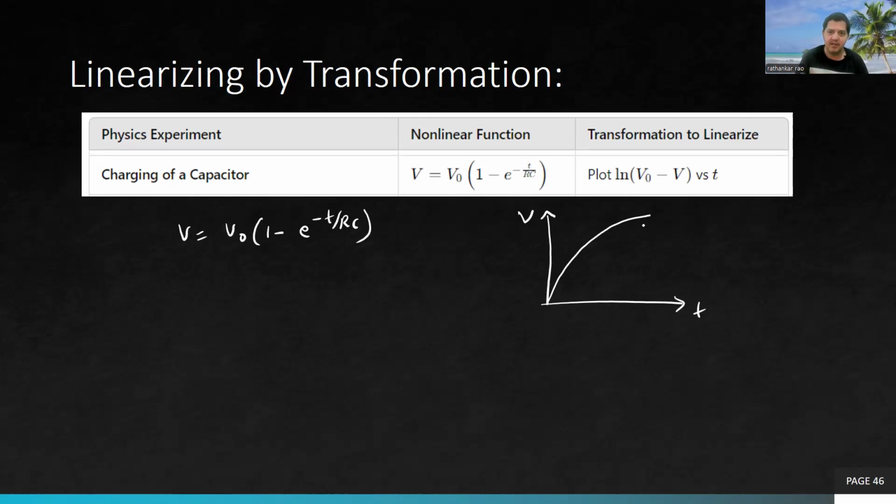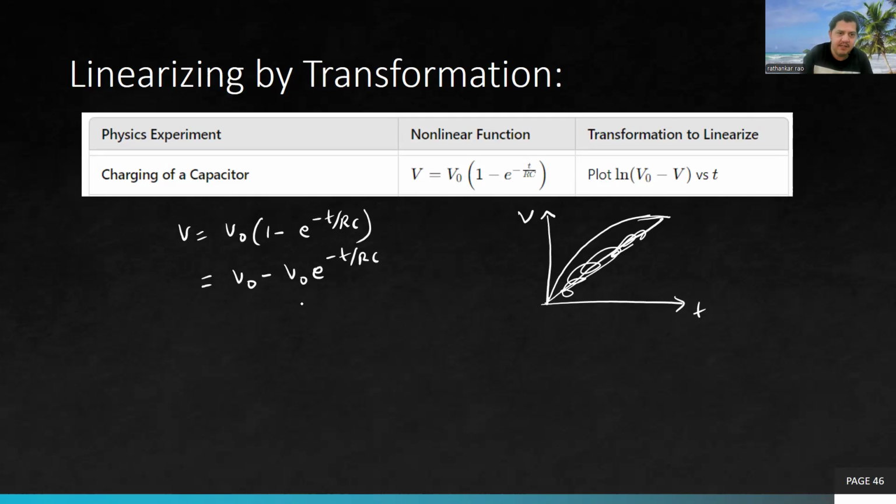That's the question here. Okay, don't say I will take up this point, I will take up this point, I'll draw a straight line. If I draw like this over here, this will not be a straight line. This is called a chord of the curve. Okay, so I should not do this here, right? This is incorrect. So what I do here is, first expand this. This should be equal to V naught minus V naught e to the power of minus t by RC. I get this here.